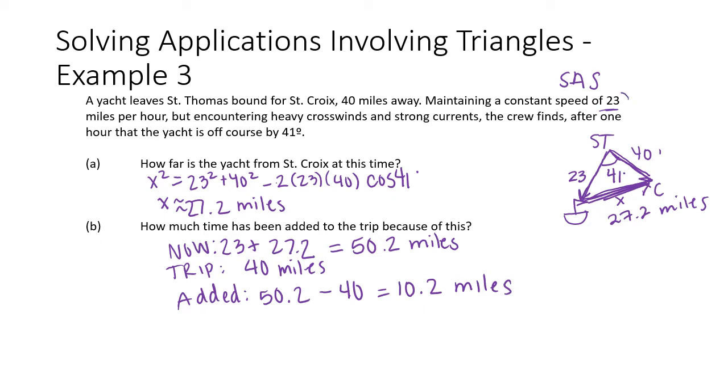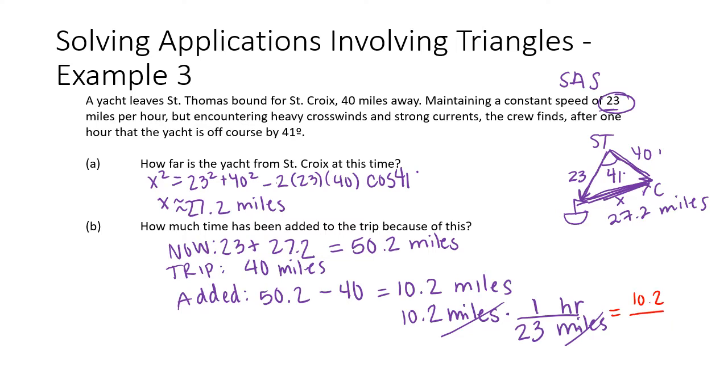If they're going at a speed of 23 miles per hour, you can figure that out. So 10.2 miles. We want to figure out the time, so that means the hour needs to be on the top and the miles on the bottom. So 1 hour, they go 23 miles. That way I'm just left with the hour for time. So that ends up adding a total of 10.2 over 23 hours, which is about 0.44 hours.